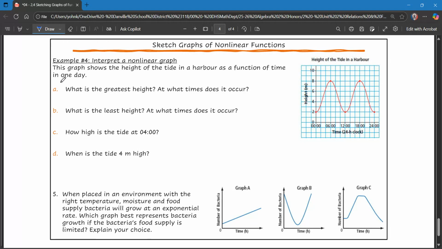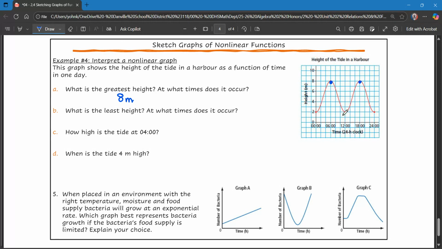So part A, what is the greatest height and at what time does it occur? So the greatest height is your maximum. That's going to be these 2 points right here. The greatest height is 8 meters. And what time does it occur?